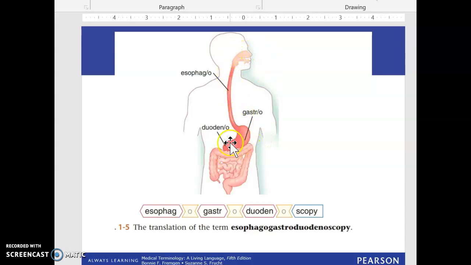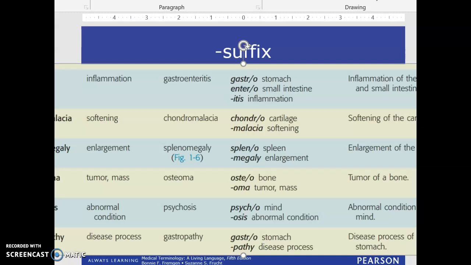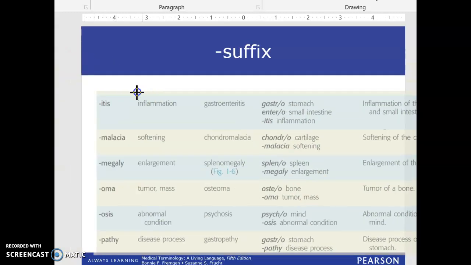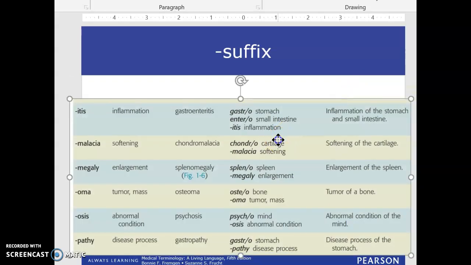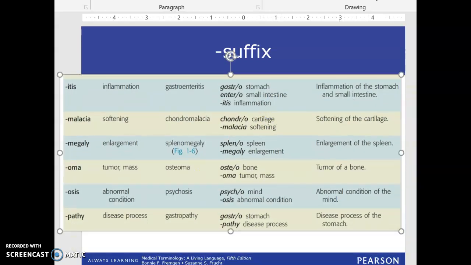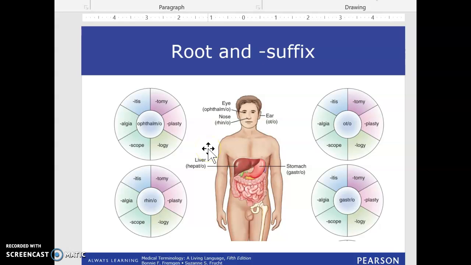So if you're viewing these three areas, this is what the name of the diagnostic procedure means, esophagogastroduodenoscopy. A few more terms I want you to review. Pause it, review it, take your time and understand them. They're also given in your book, of course, but it's always good to review and create an understanding.